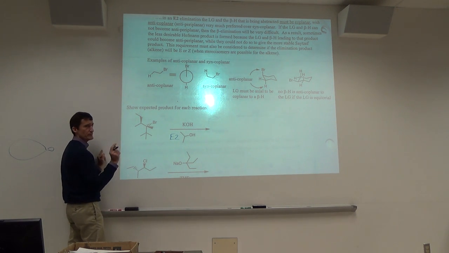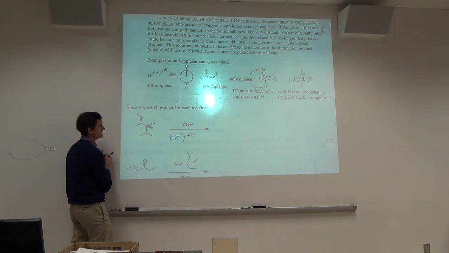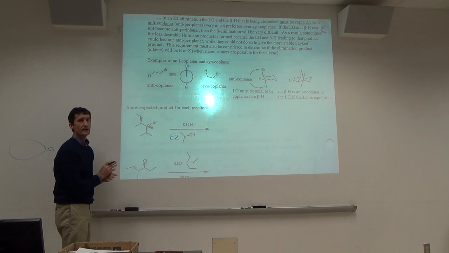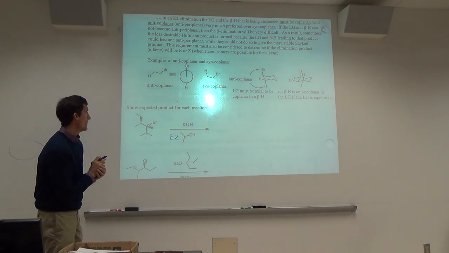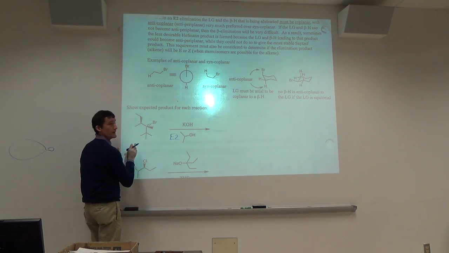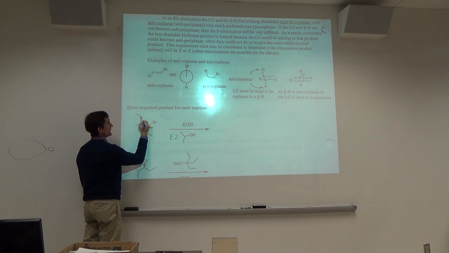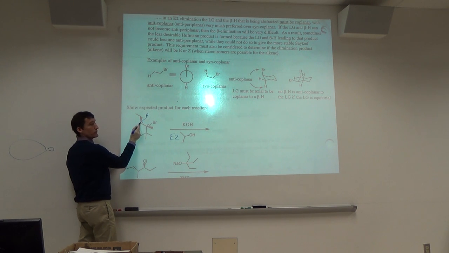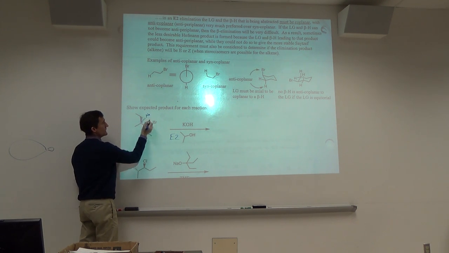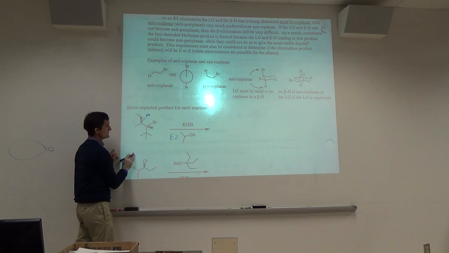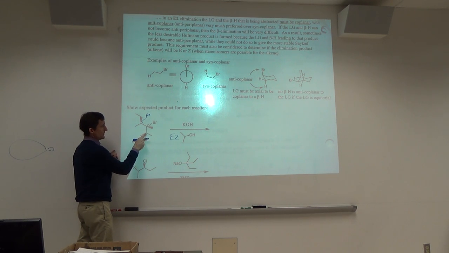How many different types of beta hydrogens in this molecule? Can you identify the beta hydrogens? Where are they at? Yes. There's one here. Ah, stereochemistry. What's its stereochemistry? It's back, right? Because that's forward. That's A. Is there another beta hydrogen? Yes, right here.